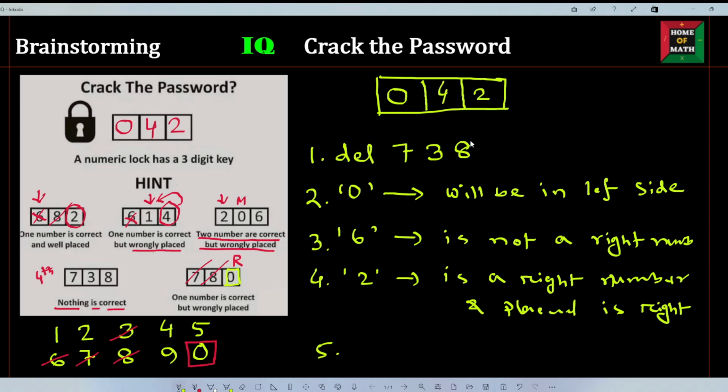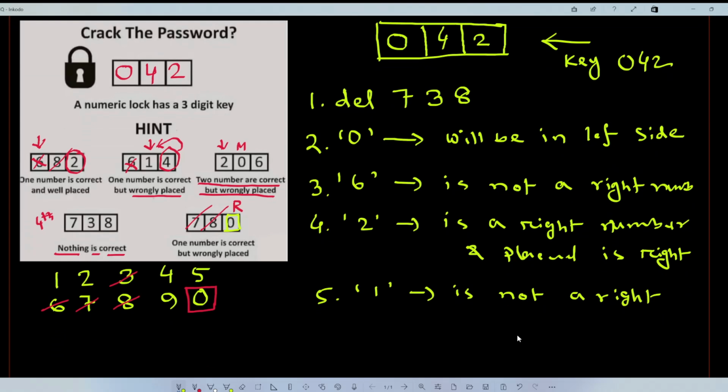Our correct key or password is 042. Okay. So here we can write 1 is not a right number, because its place is not correct.